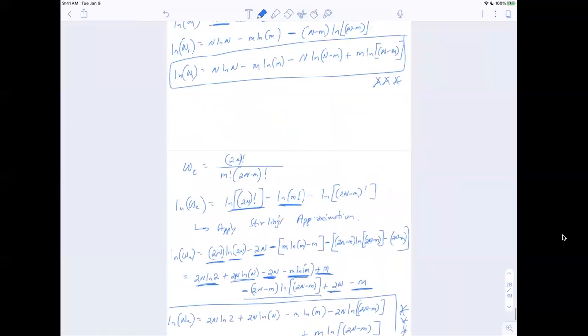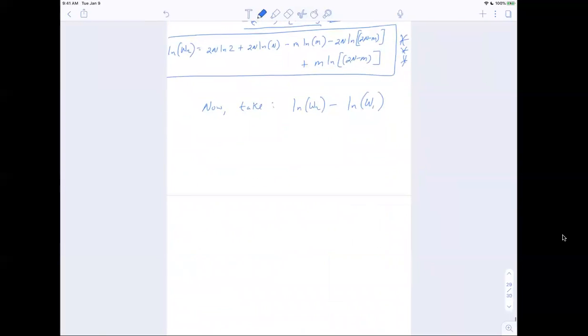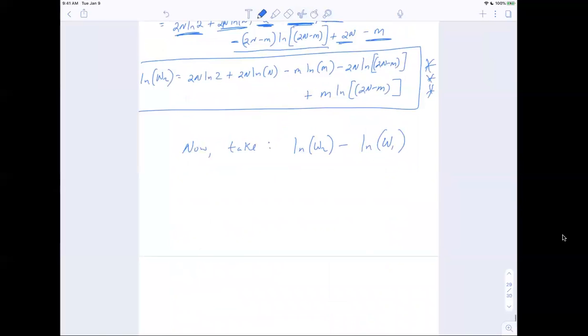Maybe we won't be able to. So here's log of W2 right here. So that's the log of the final state, W, minus the log of the initial state, W. And let's see what that gives us. There's going to be a lot of terms.